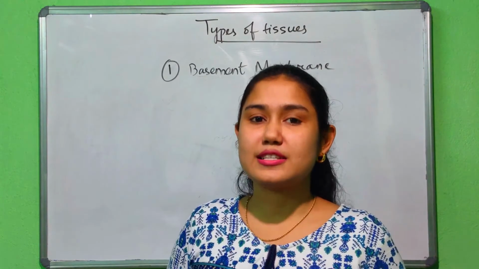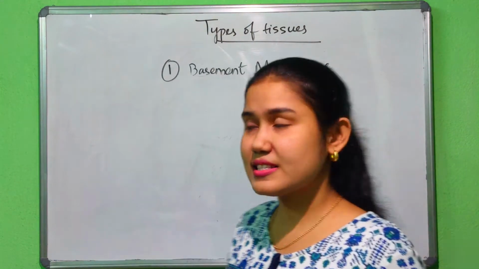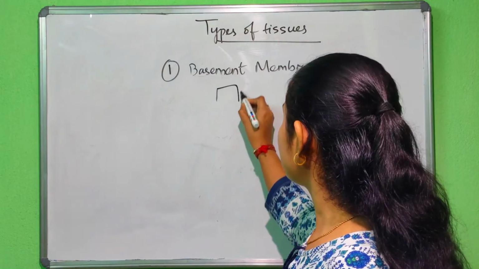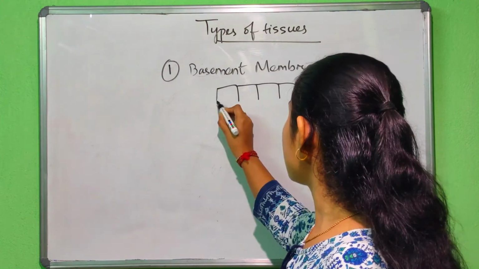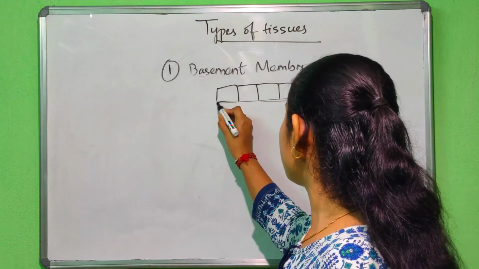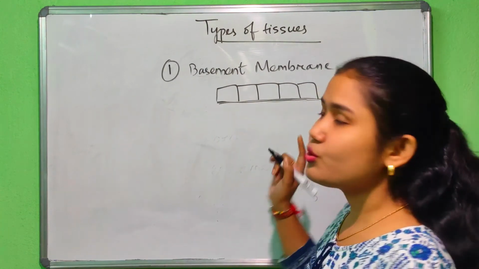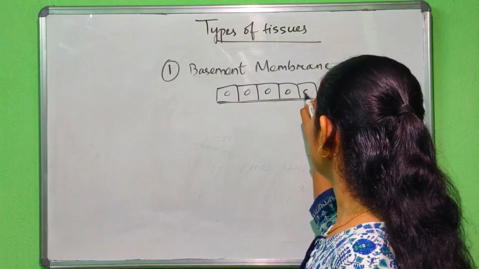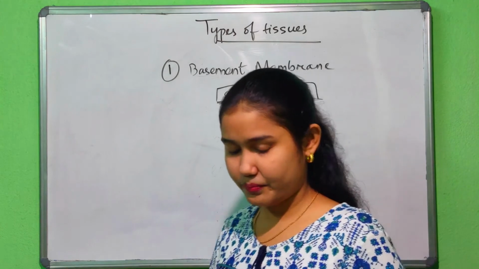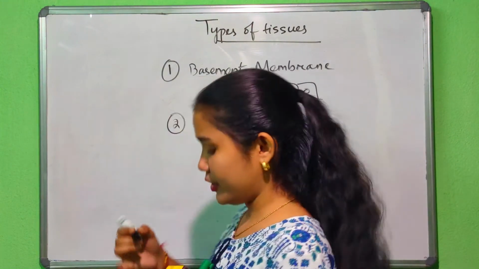Besides this, it also holds the cells in a straight line, so that they form a uniform and consistent layer. Clear?